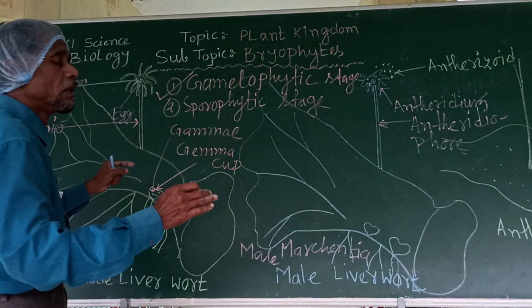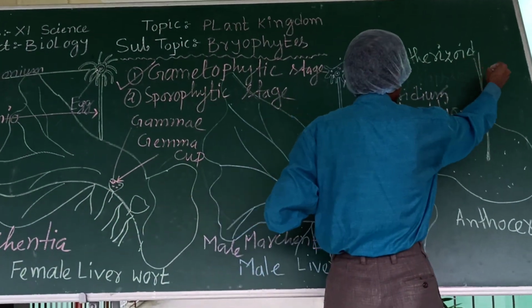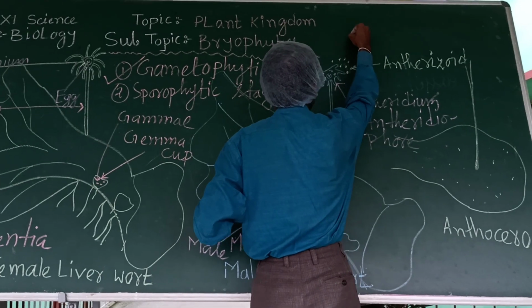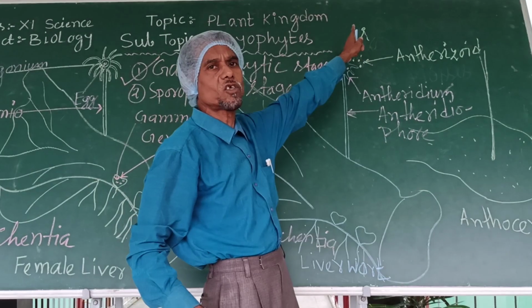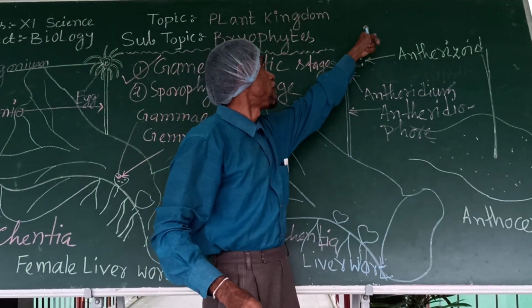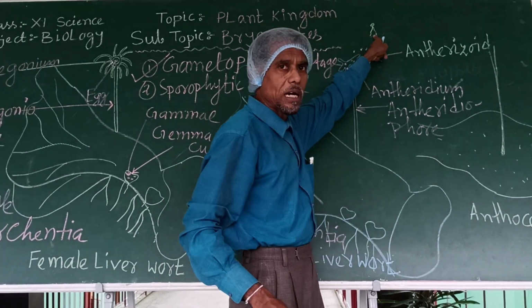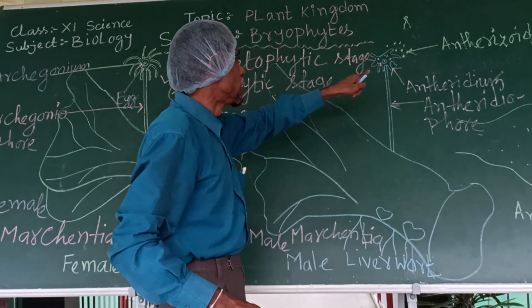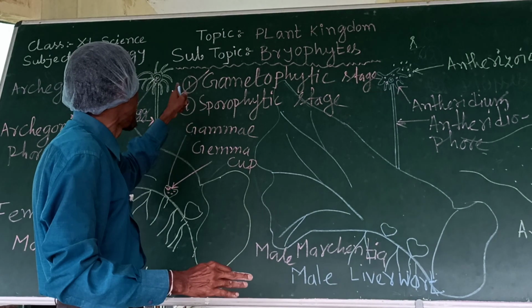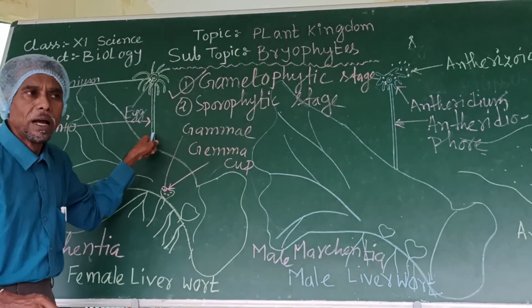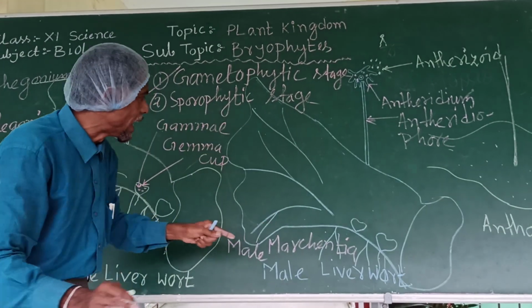Here, each antherozoid is a biflagellated structure, having two flagella. With the help of these flagella, they swim over the water body and try to find where the egg is. Once they approach the egg, fertilization takes place.